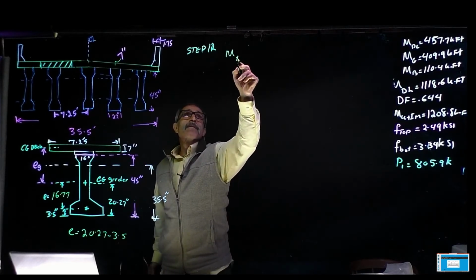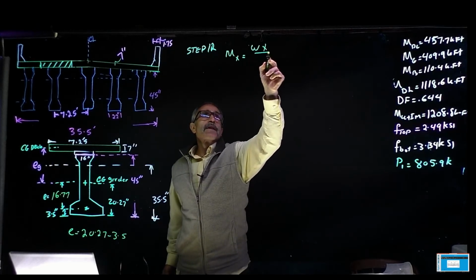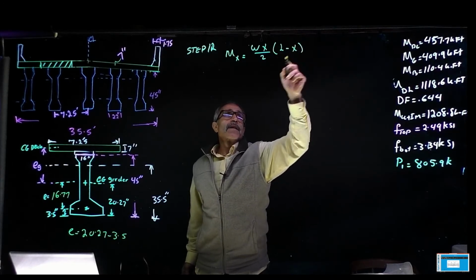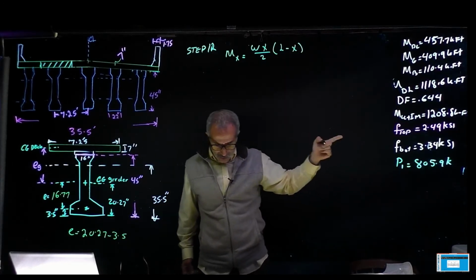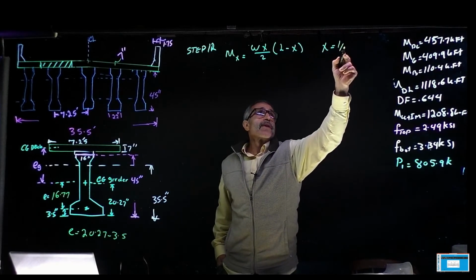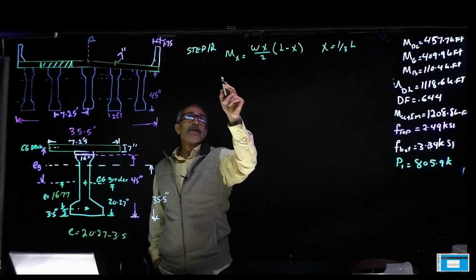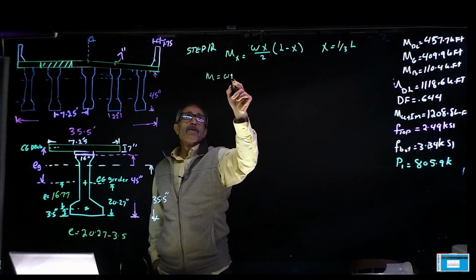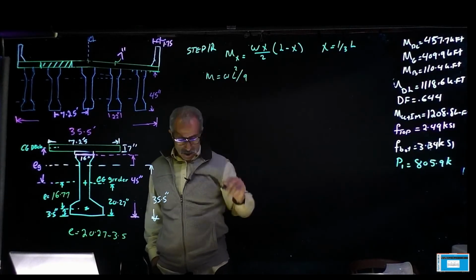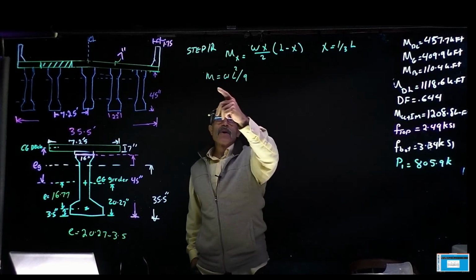The moment at different x, not at the center, is wx divided by 2 times L minus x, in that situation that we had, which is on the board. And so we're going to say x is 1/3 of L at those locations. Then we have M equal to WL squared divided by 9. If you pick up any steel book or any concrete book, it could tell you this formula. So that was for at 1/3.